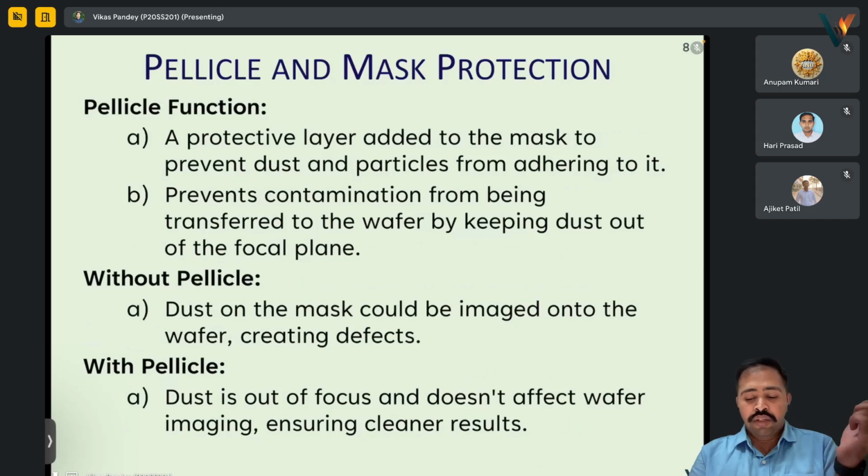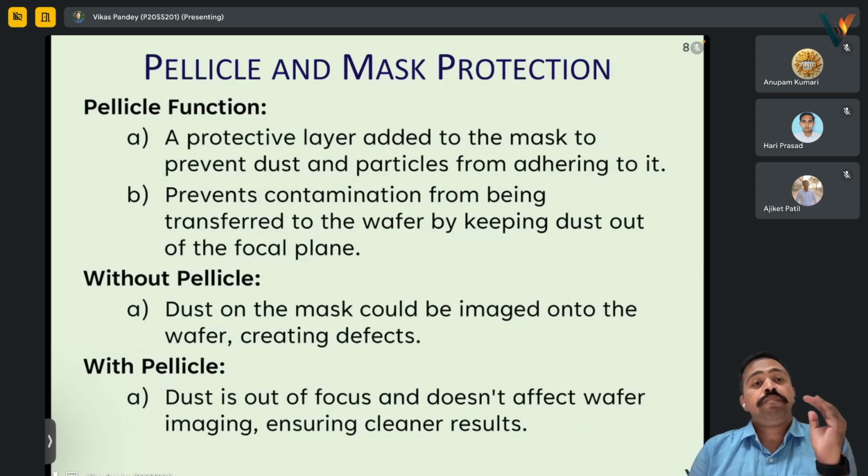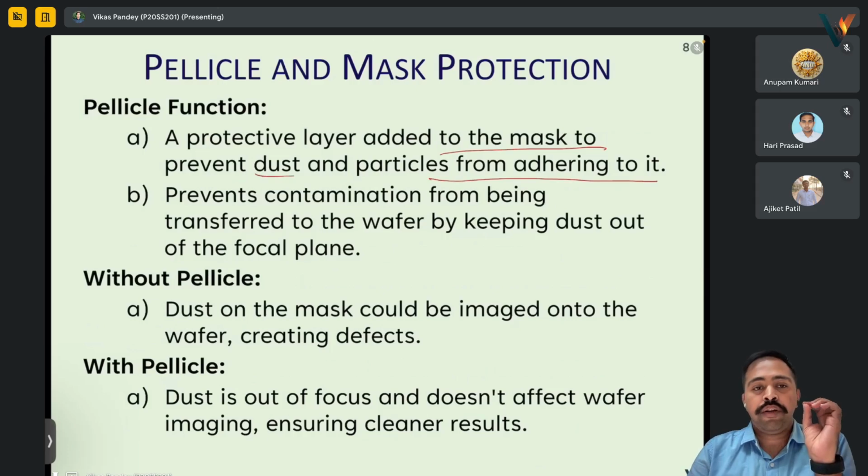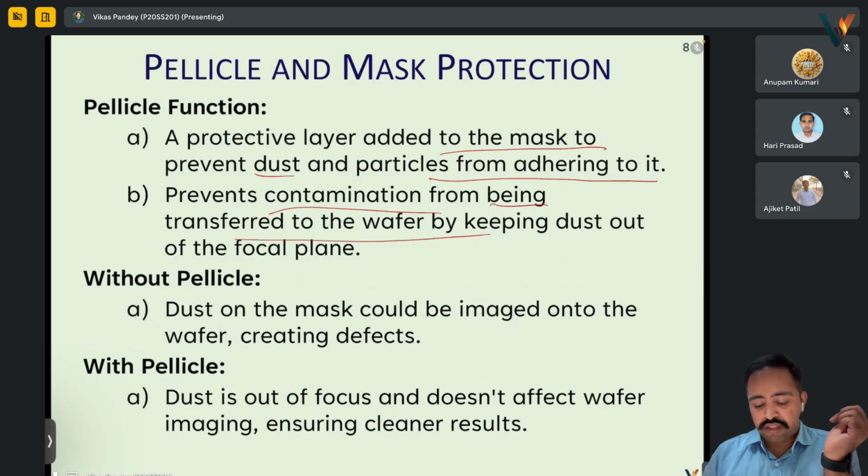Now comes the pellicle. Pellicle is a protective layer added to the mask that prevents dust and particles from adhering to it. This is important because it prevents contamination from being transferred to the wafer.